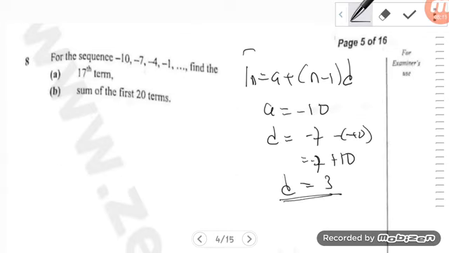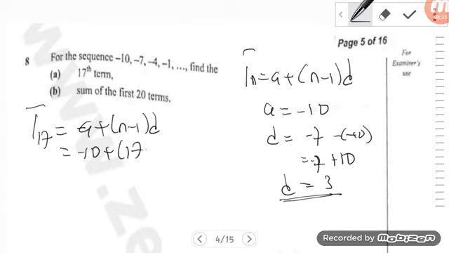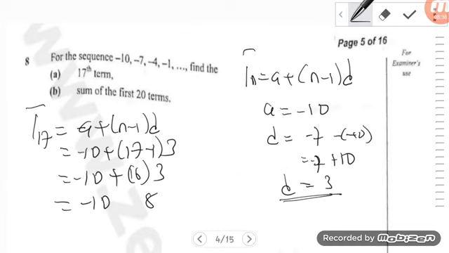So from there, we can find our 17th term as A plus n minus 1 times D. Negative 10 plus n is 17 minus 1, and D is 3. So having negative 10 plus 17 minus 1 is 16, times 3, so negative 10 plus 48.